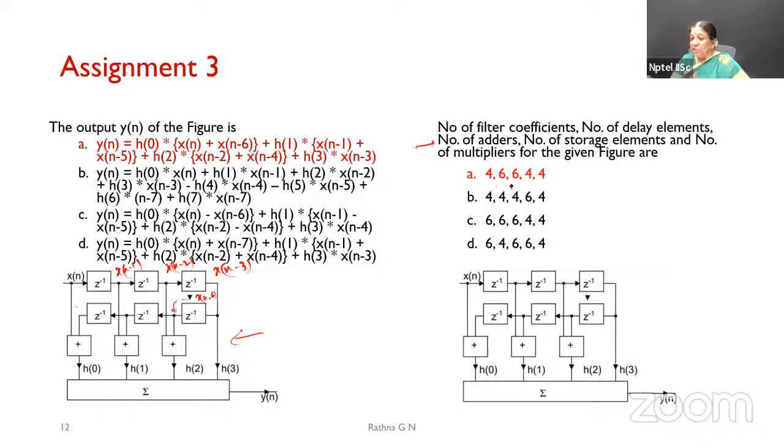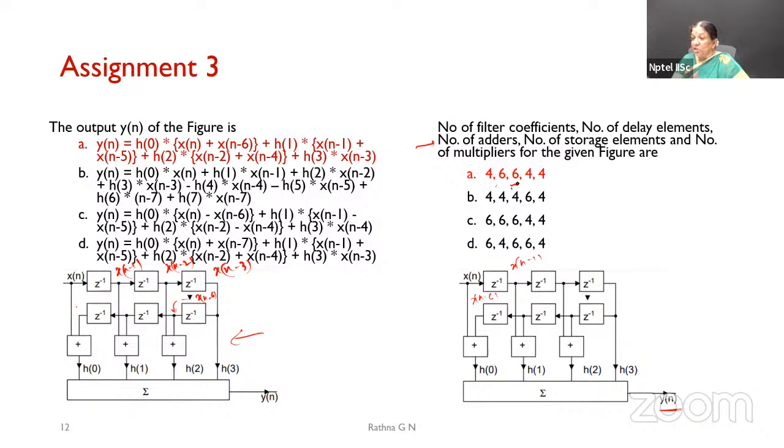Next one is our number of storage elements, what you needed. So you need x of n. I need not store the thing which is coming in. So from x of n minus 1 to x of n minus 6, what I am supposed to store. Even y of n, I don't need to store them. So I have to store 6 of them, basically.